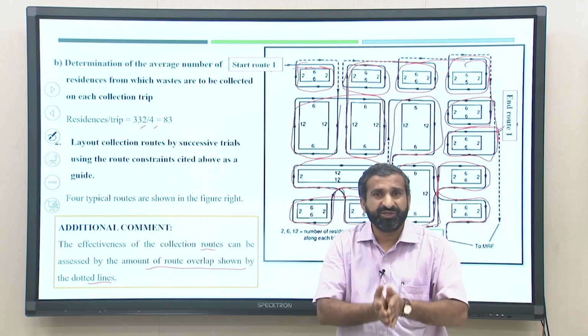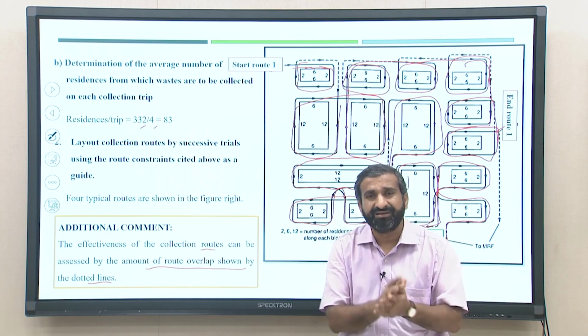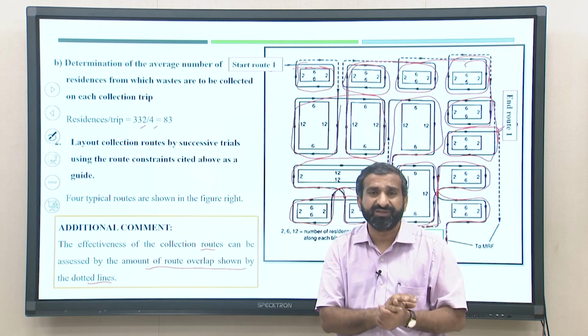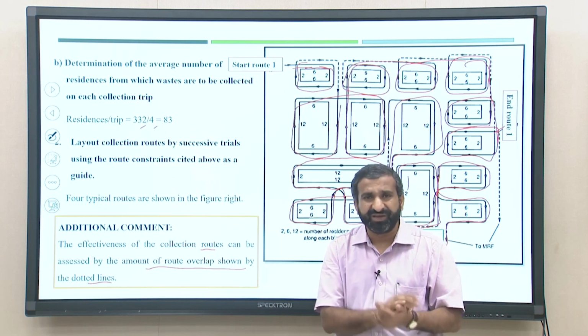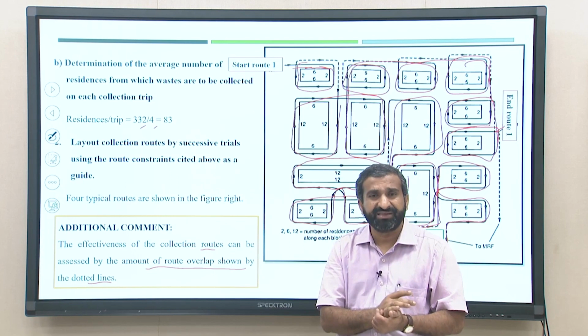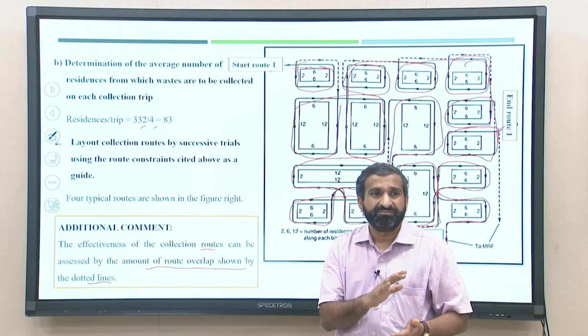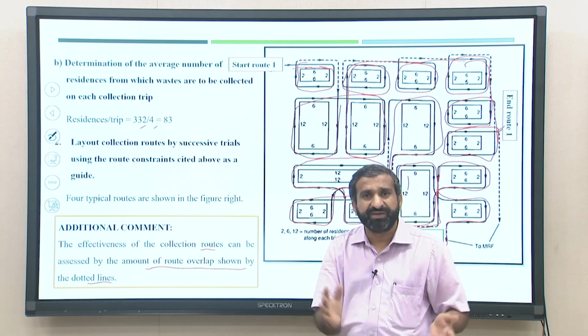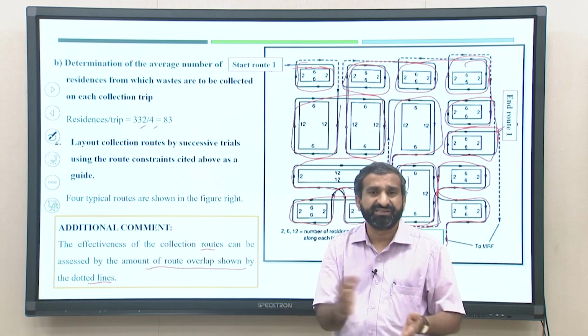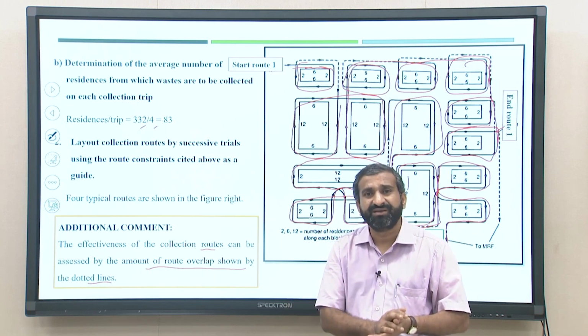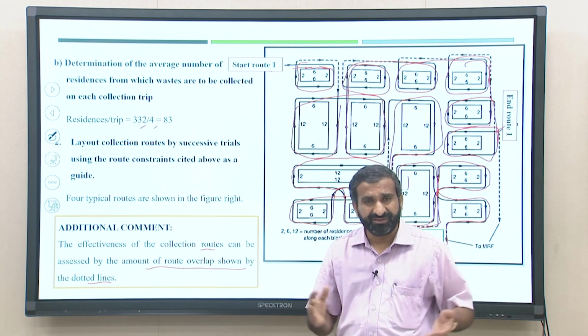I will not say we need to go for a mechanical collection system only. Somewhere it is very difficult to operate the mechanical system, so it should be a mix of mechanical and manual collection systems.